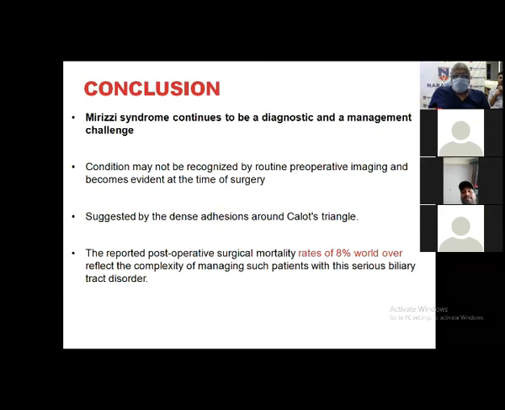It is suggested by dense adhesions or a frozen Calot's triangle. The reported postoperative surgical mortality all over the world is about 8%, which reflects the complexity of managing a patient with this serious biliary disorder.